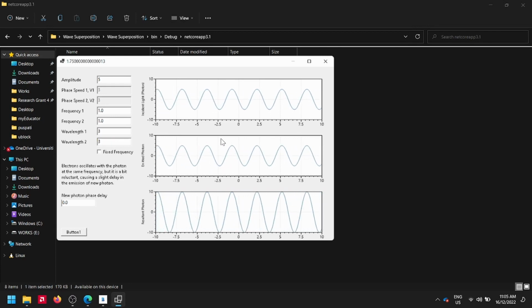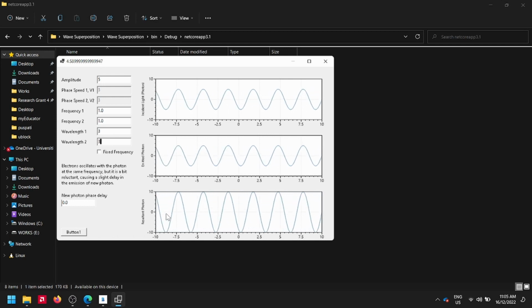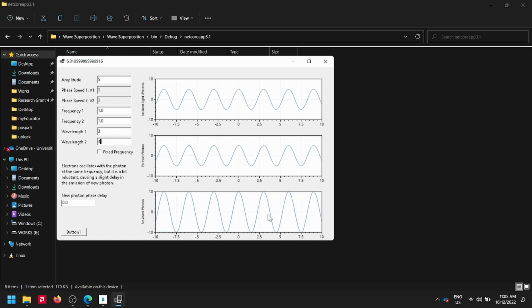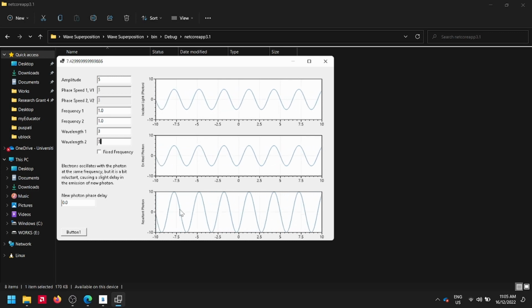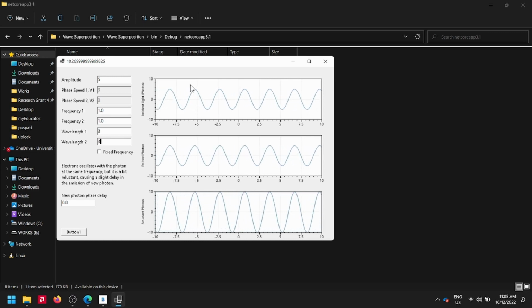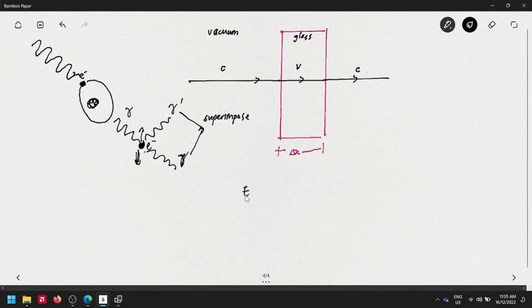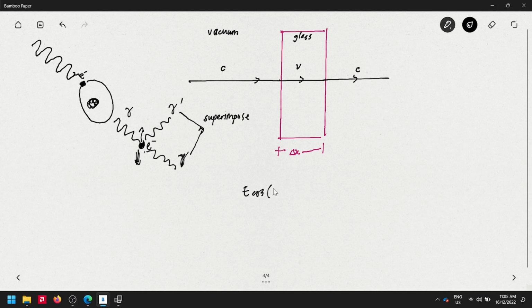if both have the same wavelength, then the speed of the resultant wave will be the same. The bottom one is simply this one plus this one. It is basically E cosine of kx minus omega t plus E cosine of kx minus omega t.